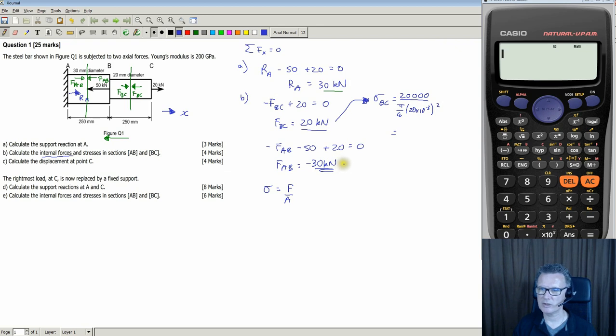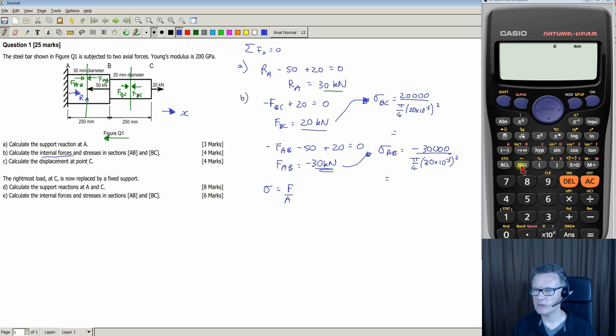And this one here, I'll do the same. So the stress AB, let's keep this sign, might be useful, so that's in compression, 30,000 divided by pi over 4, and that's got 30 times 10 to the minus 3 squared.